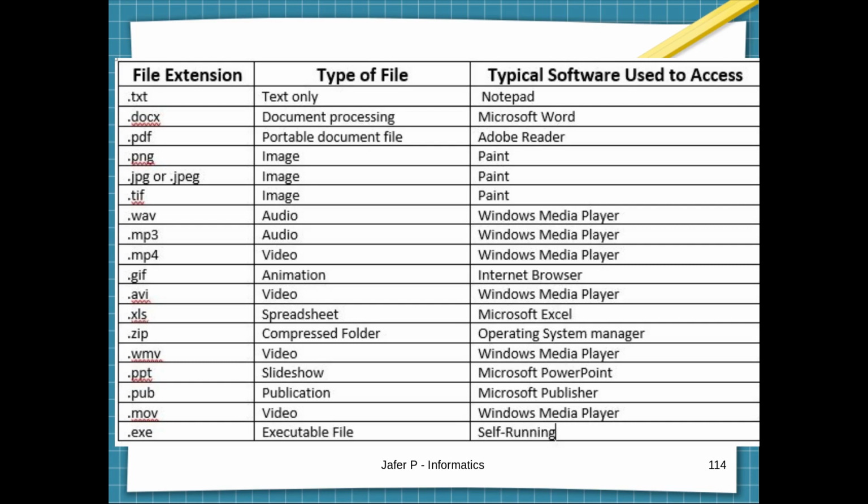And there is .pub, that is publication. It is opened with Microsoft Publisher. .mov is a video file format opened by Windows Media Player. .exe is an executable file. It is run in self-running mode in the Windows operating system. So these are the different kinds of file extensions as well as their details. That means their file format type and the typical software used to access these files.